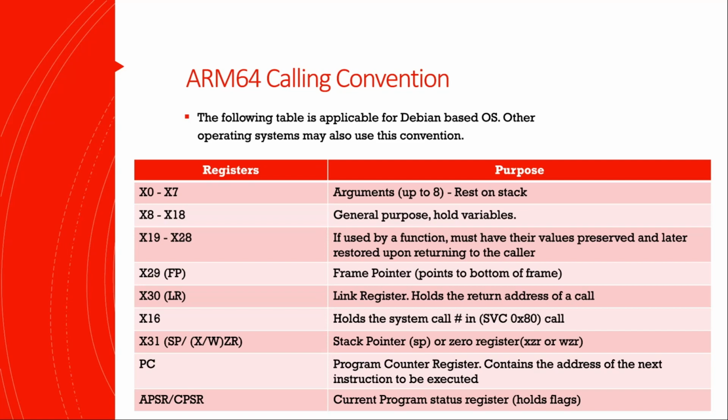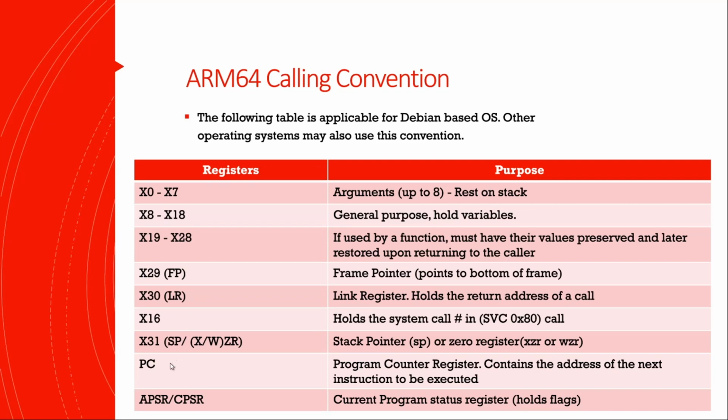All the functions have a specific, unique number assigned, which we can mention in this X16 register in order to use it with the SVC instruction. Next we have the X31 register, which is a multi-purpose register, and it holds the value of the stack pointer or the zero register depending on the context of the program.